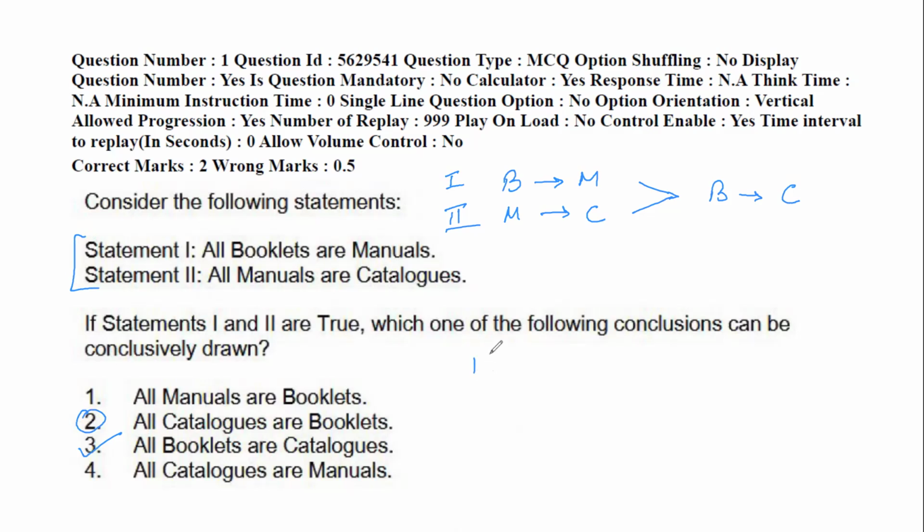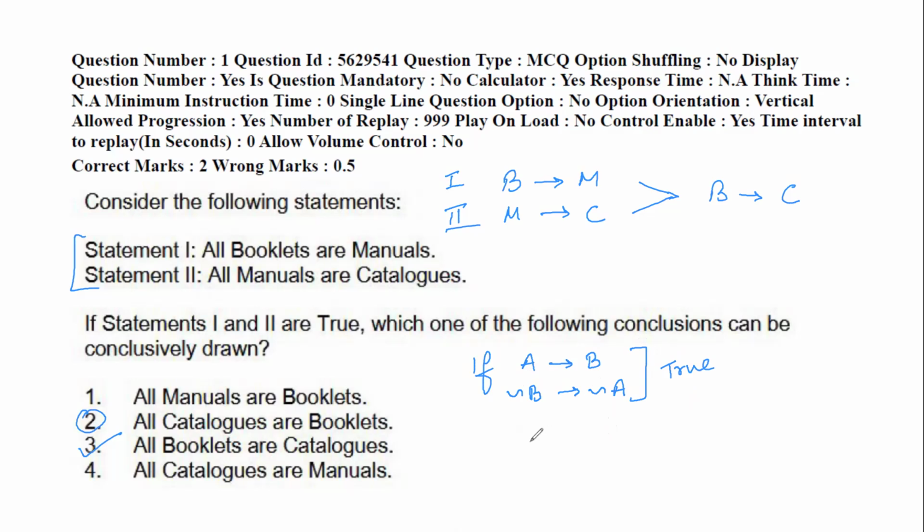If A implies B, let's say that's your statement, then not B implies not A. These two are true, meaning they are the same statement.